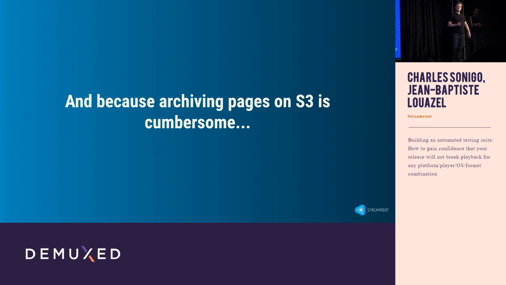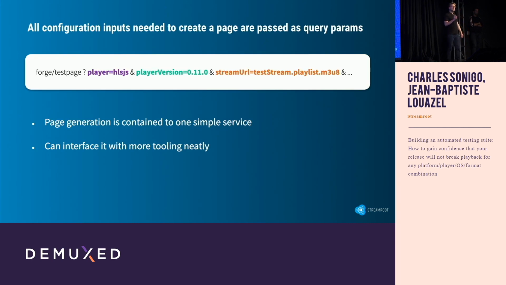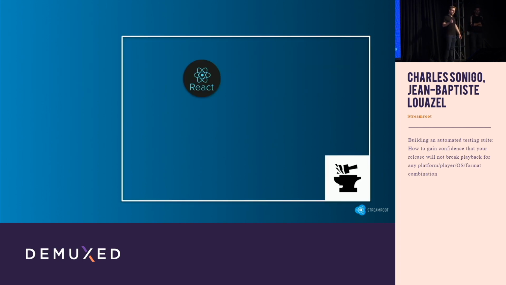So we added an extra bit, which is the ability to fully encode a test page within a URL that would facilitate the page management while making Forge interfaceable with other components. But we'll get to that later.